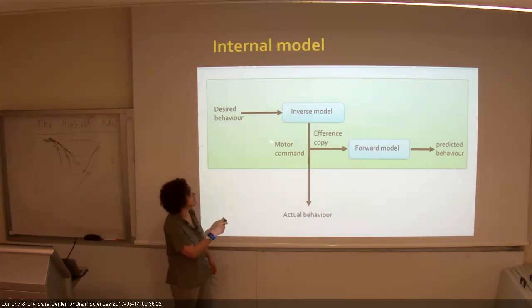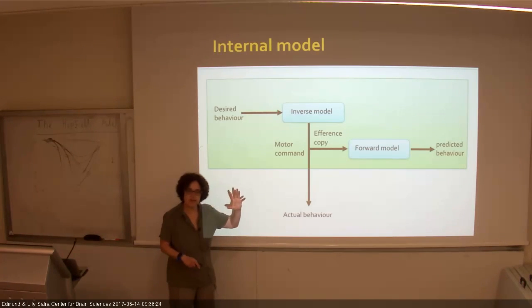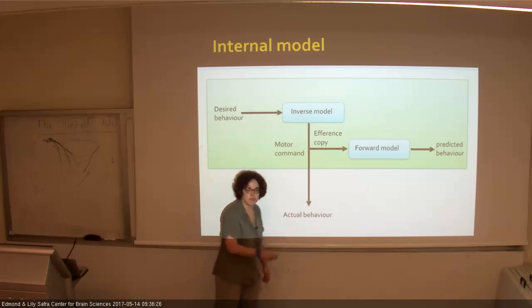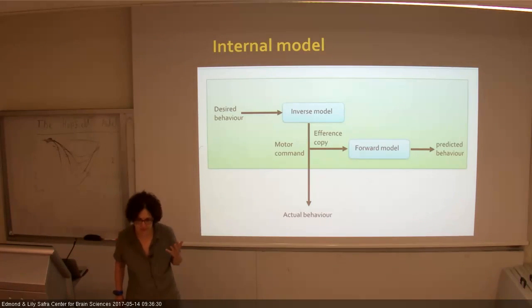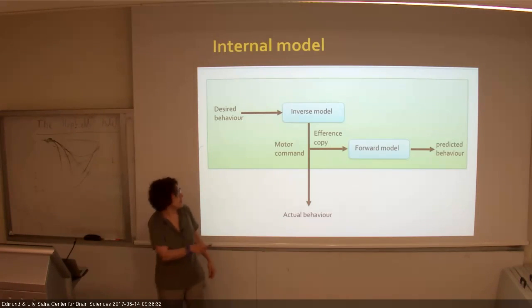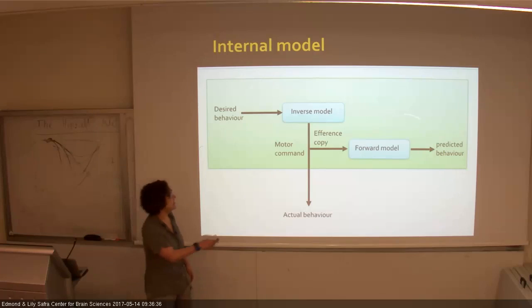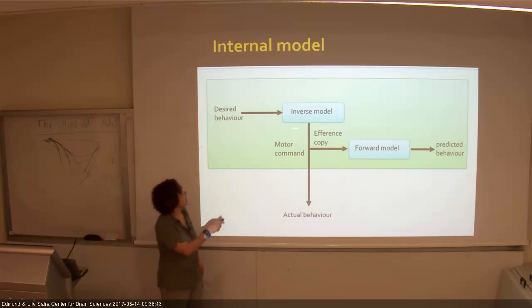We think, for example, that the inverse model could be implemented in the motor cortex, and the forward model could be implemented in the cerebellum. Because these two structures are separated, you can have a forward model that is independent of the inverse model.